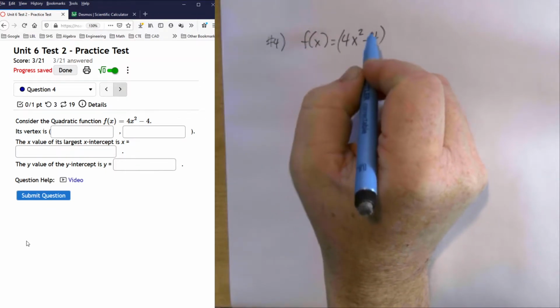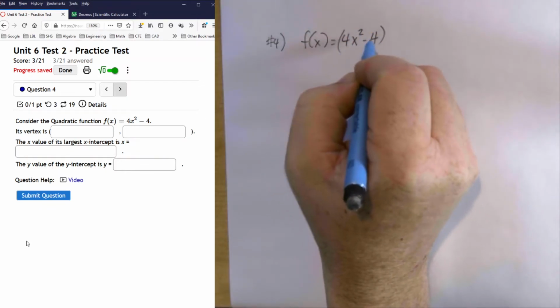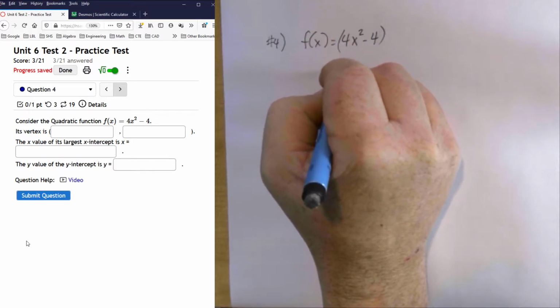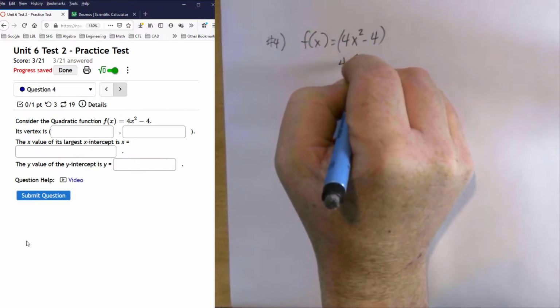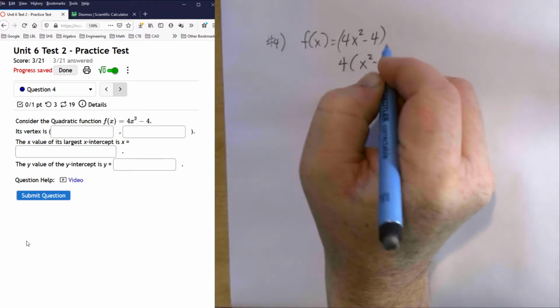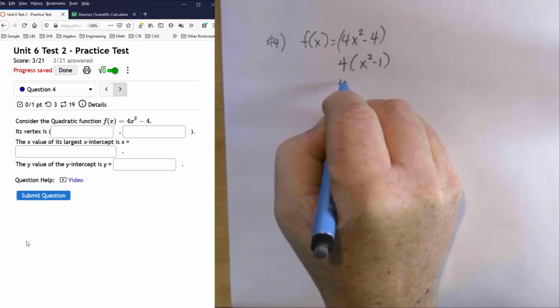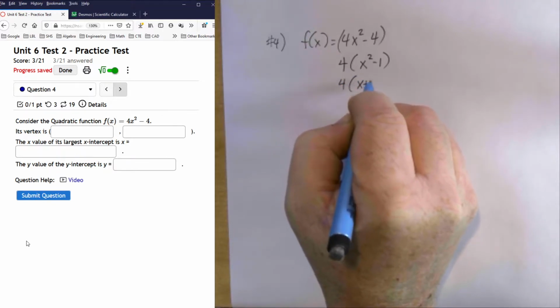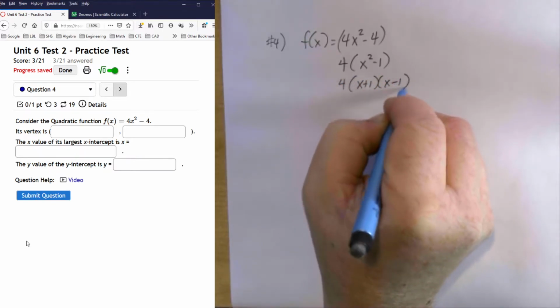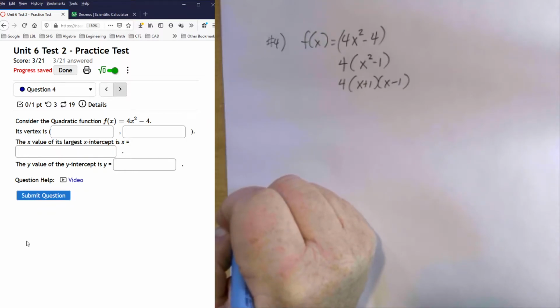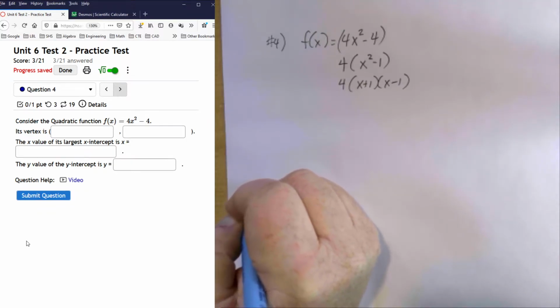So there's a couple things I can do here. One is I can just factor this, right, taking the GCF out, and so I get x squared minus 1. And then I can also factor this because this is a difference of squares, and so I can actually write this as x plus 1 and x minus 1. Okay? So that's a pretty easy one to factor there.